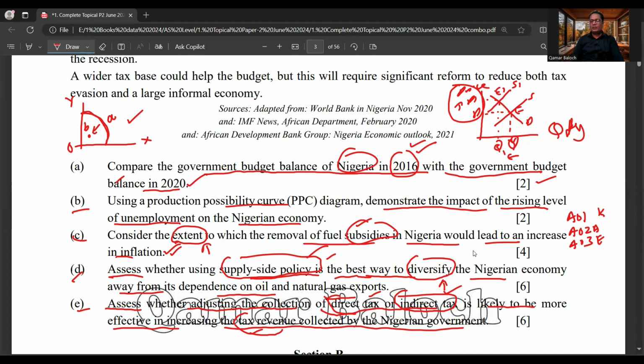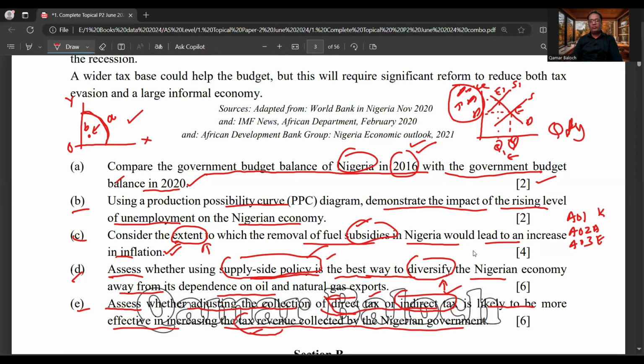Indirect taxes can be the good way because many people come under the tax net irrespective of the income they receive.